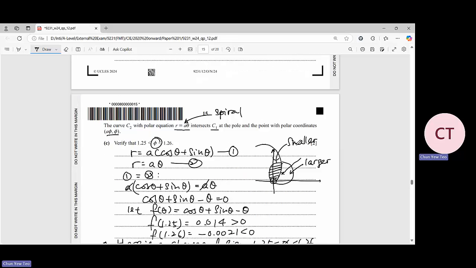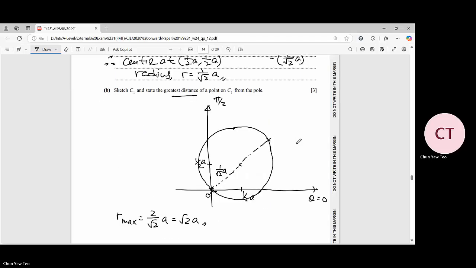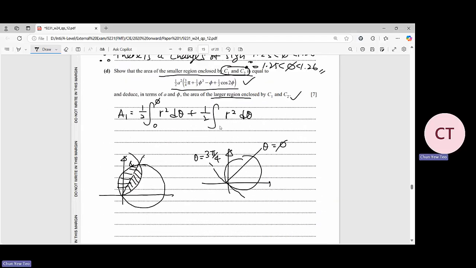You can see that this is 3 pi over 4, so just integrate until 3 pi over 4. Okay, so this is what we need to set up first at the very beginning.